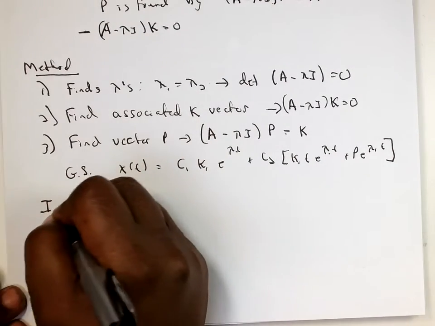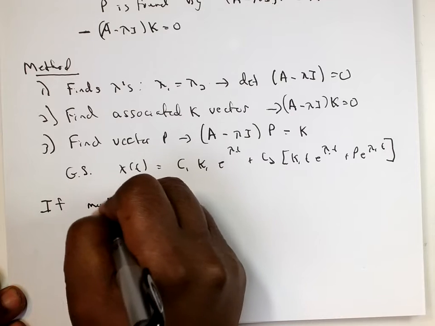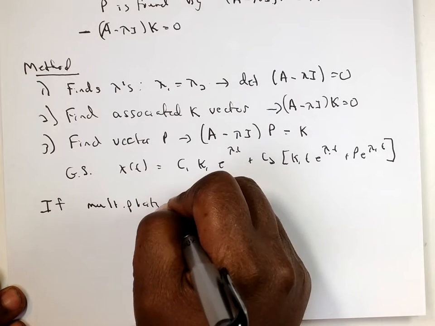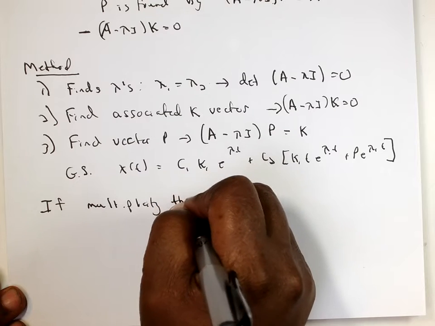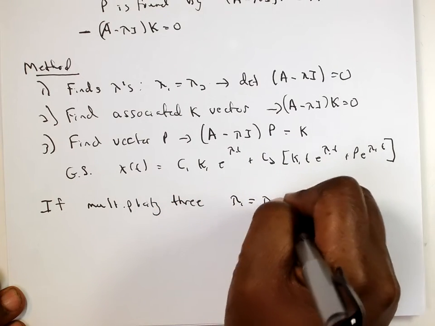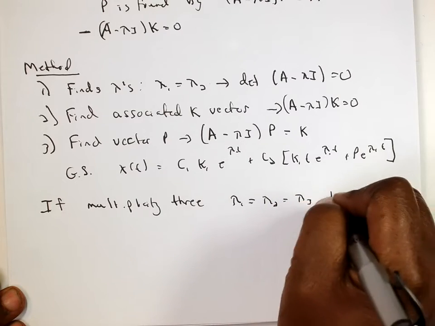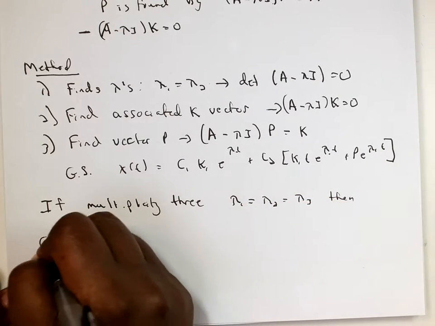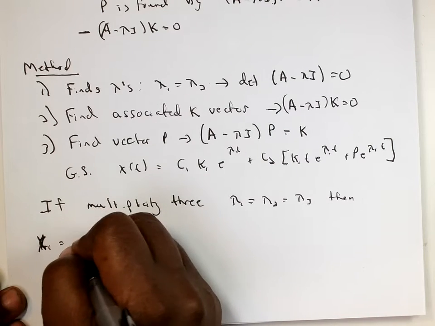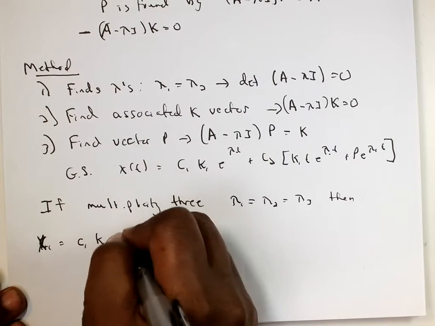If we have multiplicity 3, so we had a triple root, lambda 1 equals lambda 2 equals lambda 3, then our X1 is going to be C1 K1 e to the lambda 1 t.